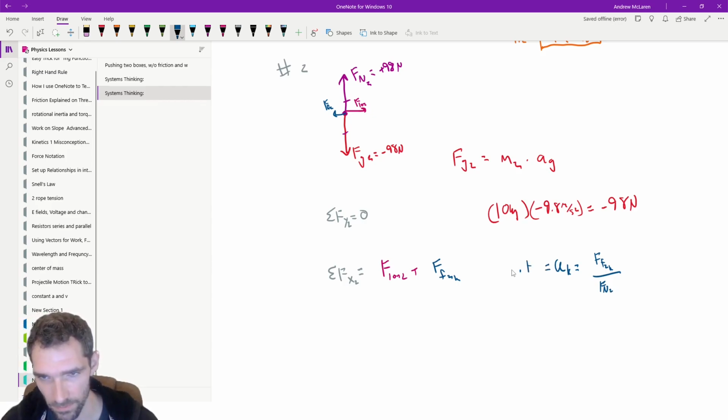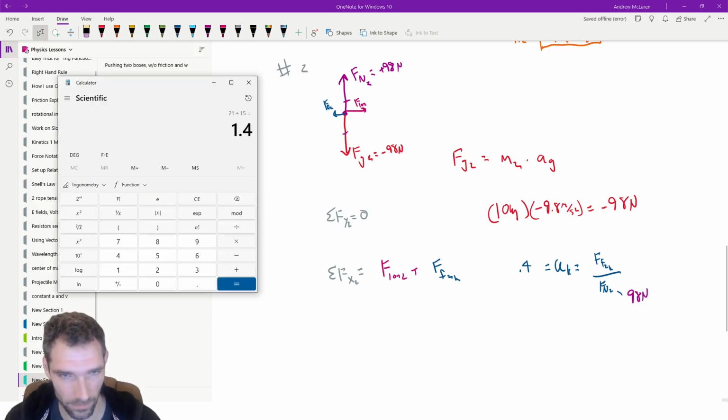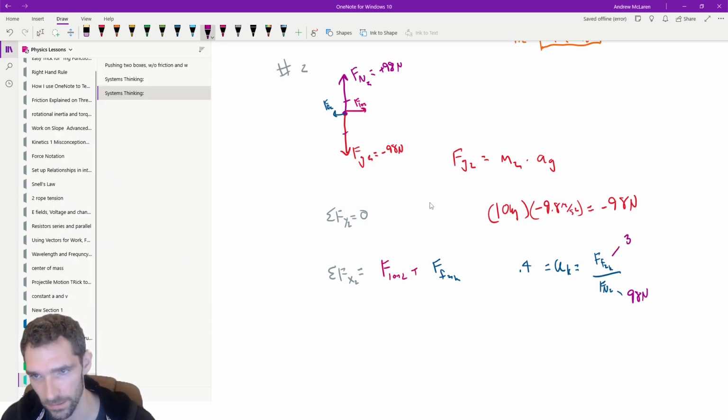We had this value as 0.4, and the force normal was 98 newtons here, kind of coming from that force diagram up above. Do a little calculator work, keeping it arranged how I like it, just how my brain does these. Okay, so our value that we're getting here is 39.2 for force of friction.